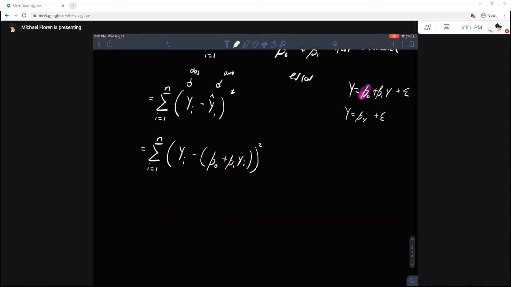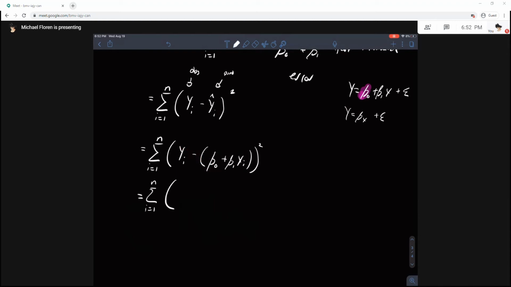Now eventually I'm going to take a derivative, and I could actually start by taking the derivative right now. What I'll do though first is I'm going to write some of this out. So I'm going to square this term out, sum of i equals 1 to n. So if I square this term out, remember, a squared minus 2a times b plus b squared.